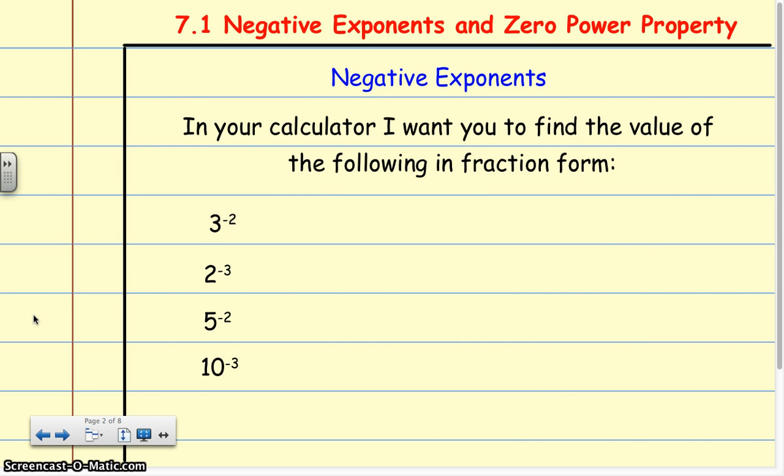In your calculator, I want you to type in 3 to the negative 2 power, 2 to the negative 3 power, 5 to the negative 2, and 10 to the negative 3.